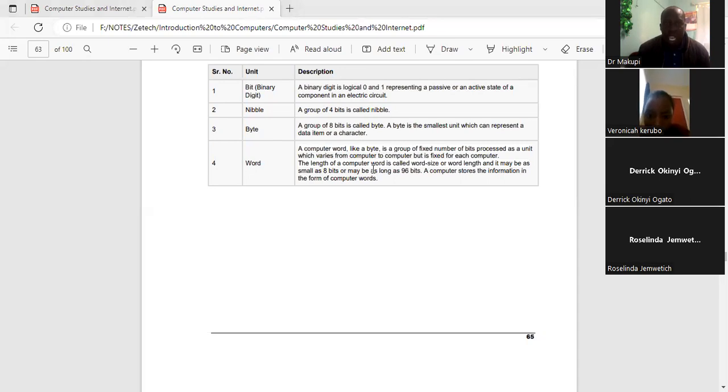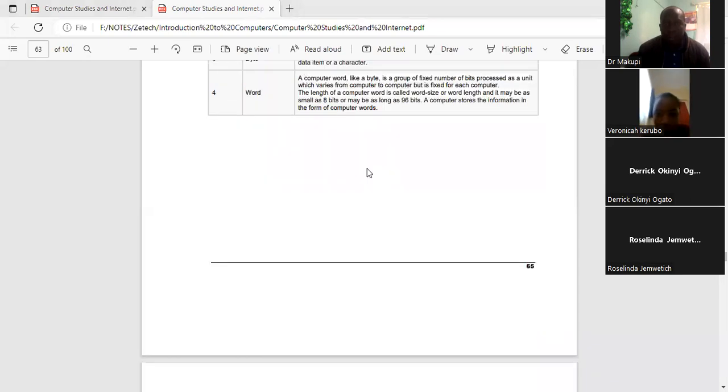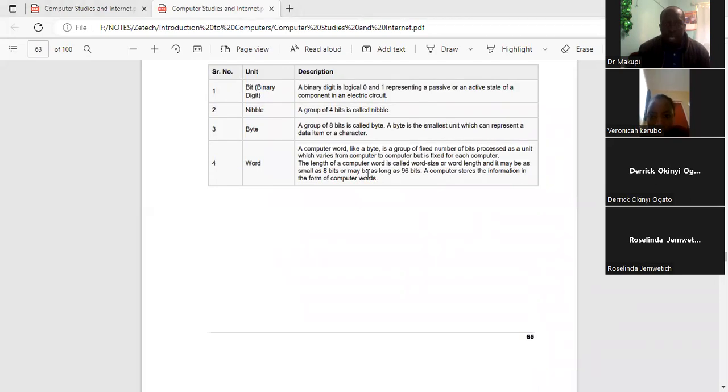A word, a computer word, is a combination of bits. We would always say the length of a computer word, which normally is word size or word length, and it may be as small as 8 bits or as long as 96 bits.